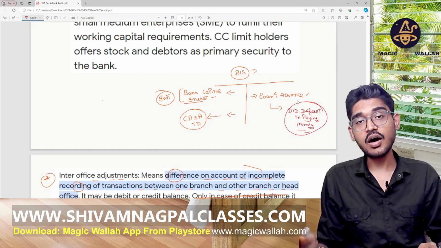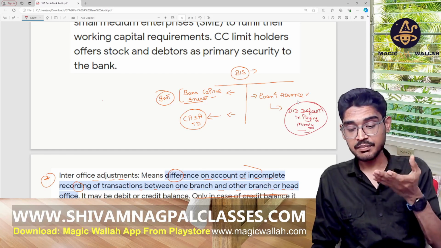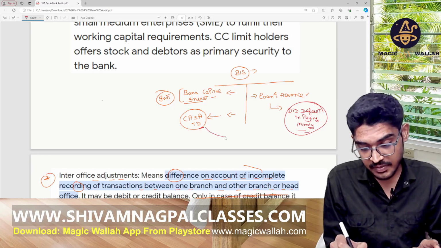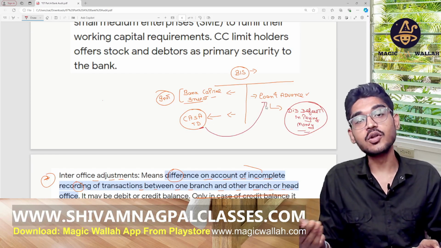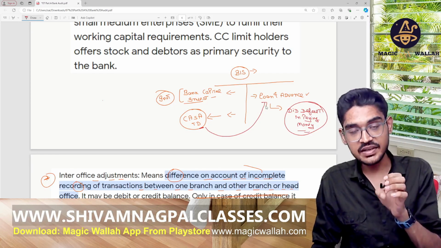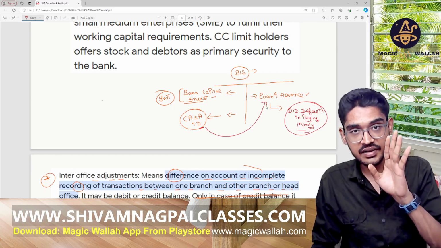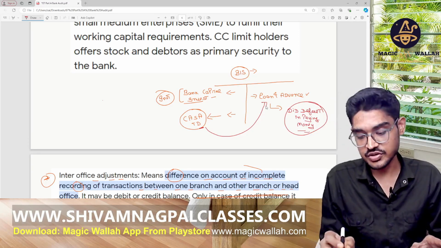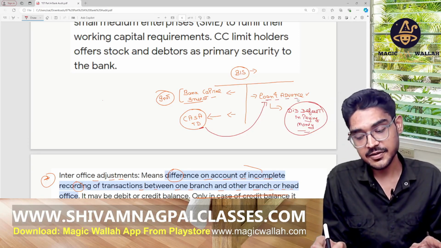So how does the bank cover this? Because they have to return your money also, right? Your CASA money, saving account money, current account money, and term deposit money is used for giving these loans to borrowers by the bank.